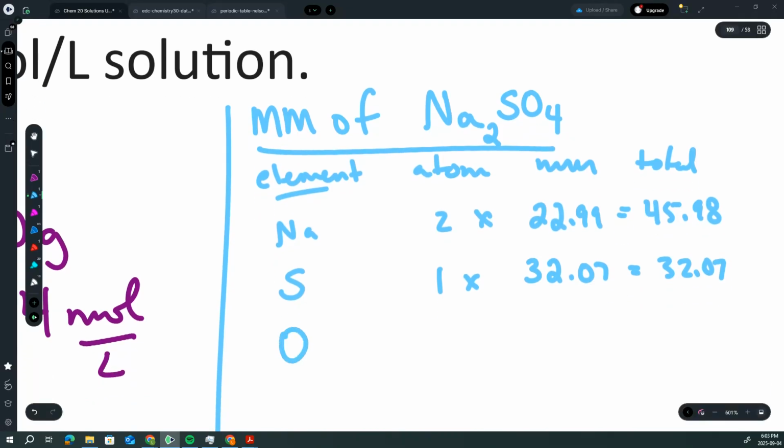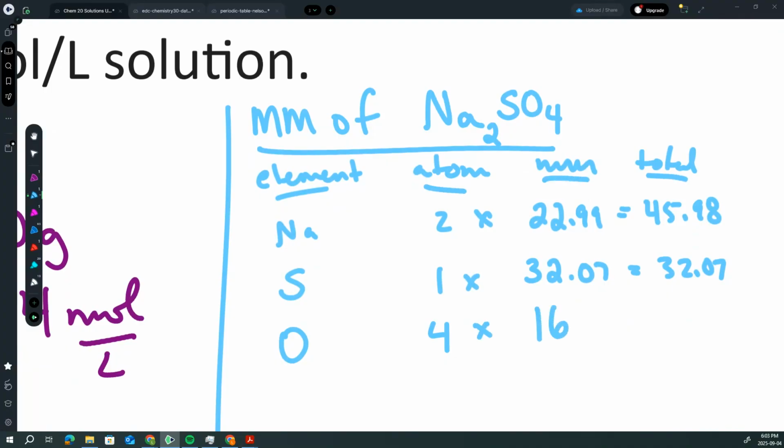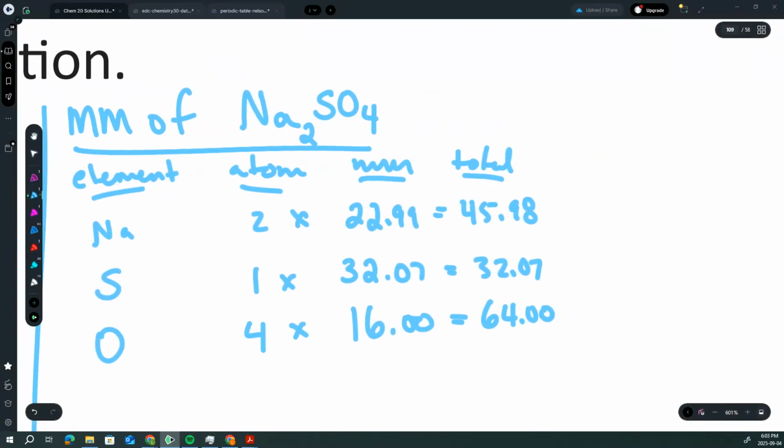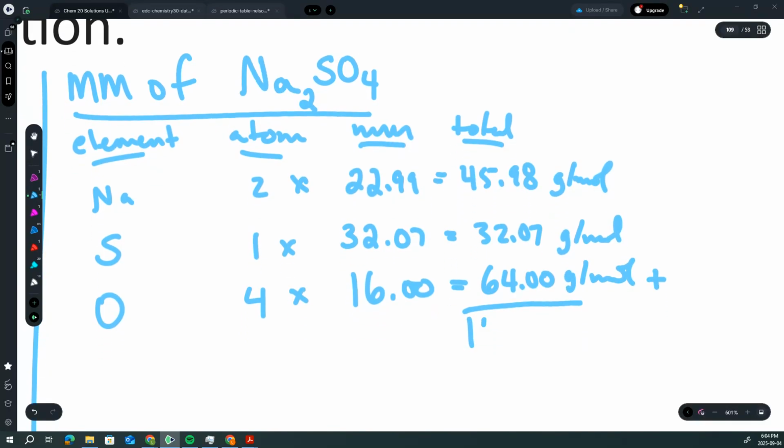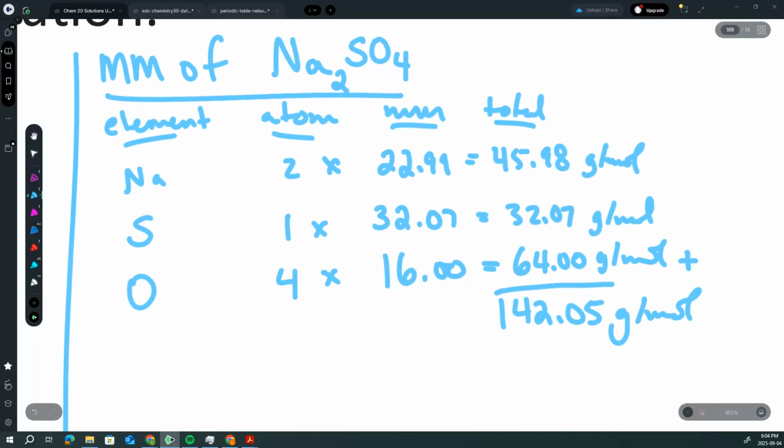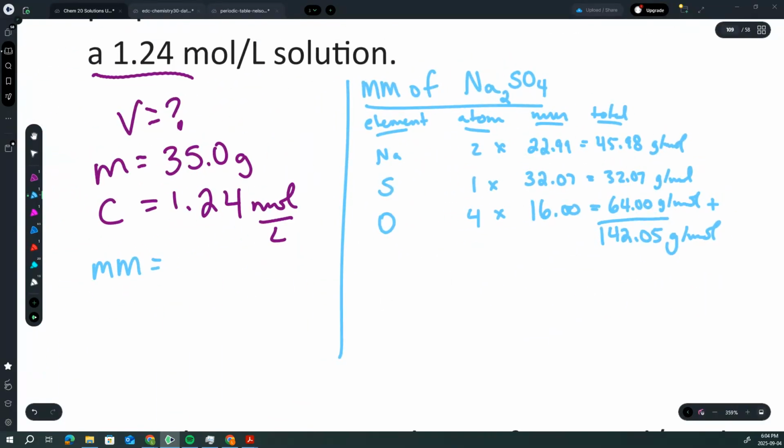And then oxygen, there's 4 of them. And each of those has a molar mass of 16. So that's going to give us 64. And all of these are in grams per mole. So then adding those up, we're going to get 142.05 grams per mole, which we can throw in right here.